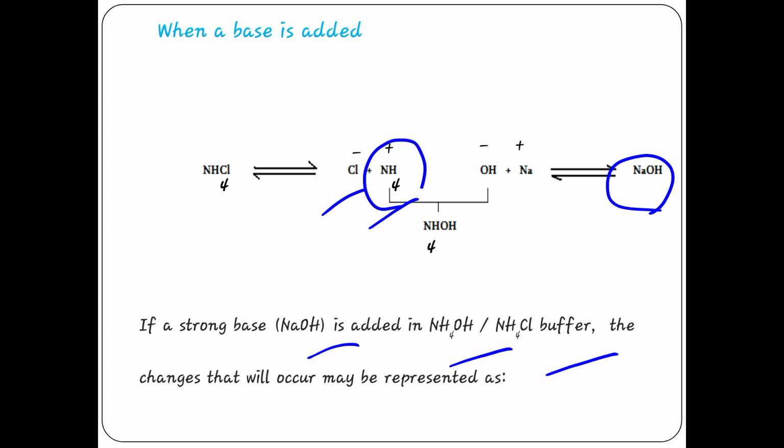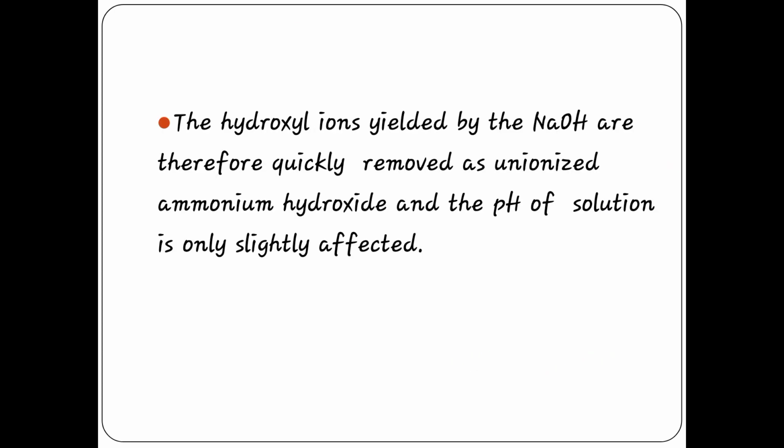This NH4 plus ion and OH minus ion react to form undissociated ammonium hydroxide, NH4OH. The hydroxyl ions yielded by the NaOH are therefore quickly removed as unionized ammonium hydroxide, and the pH of the solution is only slightly affected.